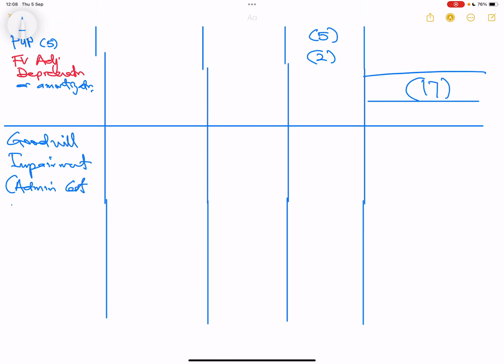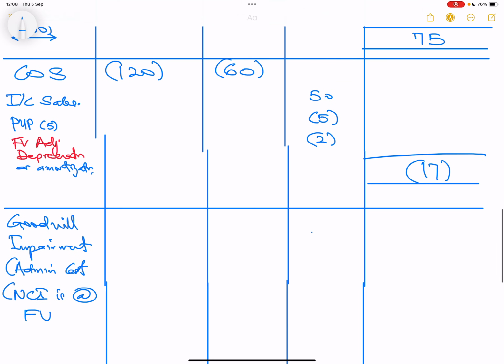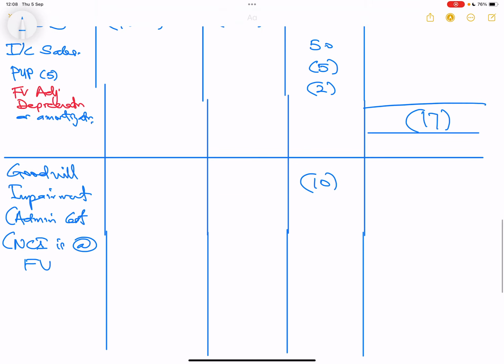So what you need to do is, if NCI is measured at fair value, that is the only time you put the impairment of goodwill here. Let's say 10. However, if NCI is not measured at fair value, which means it's measured at proportionate of net asset, then it is going to be in the parent's revised financial statement.